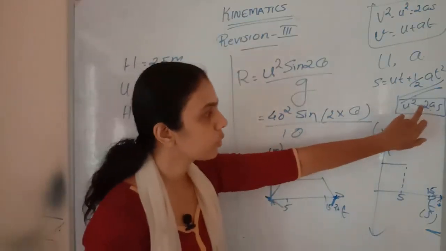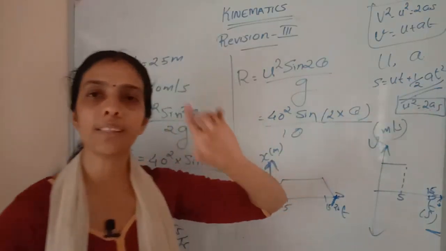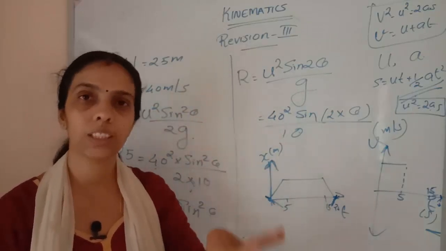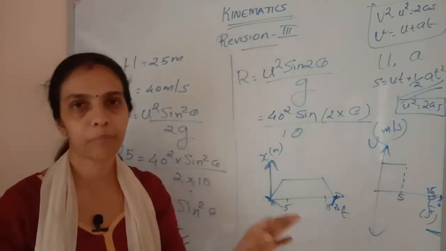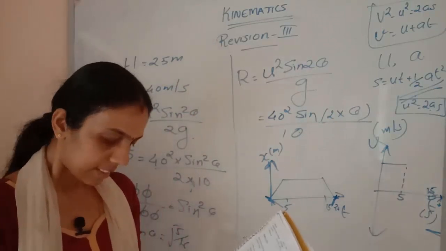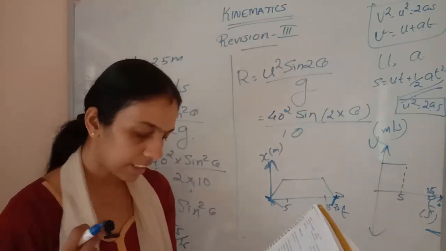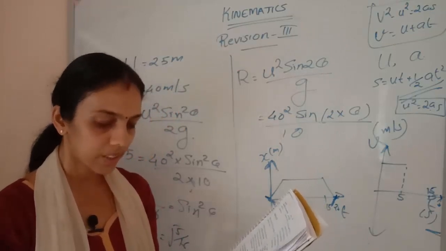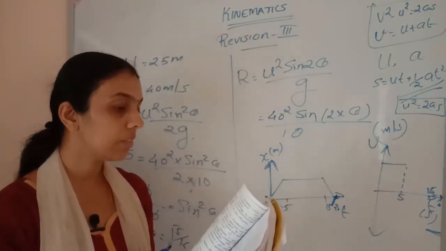So better you go for this option, u square equals 2as, because final velocity v is equal to 0 over there. Okay, clear?